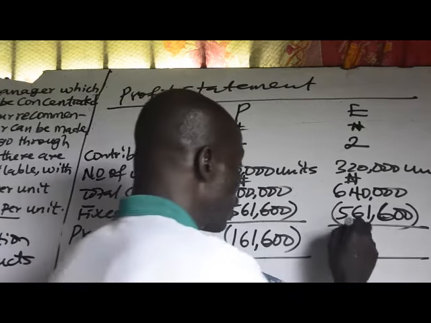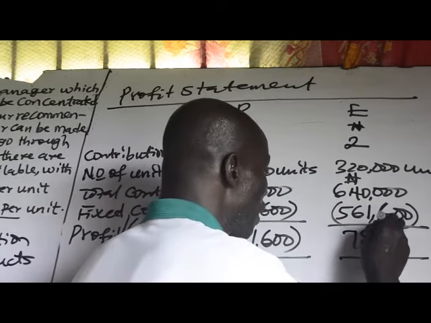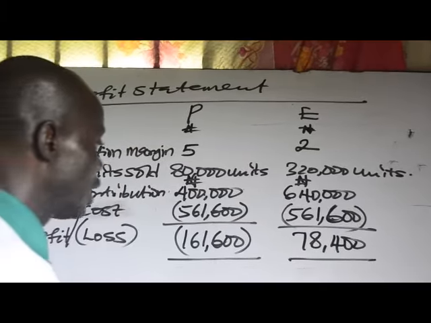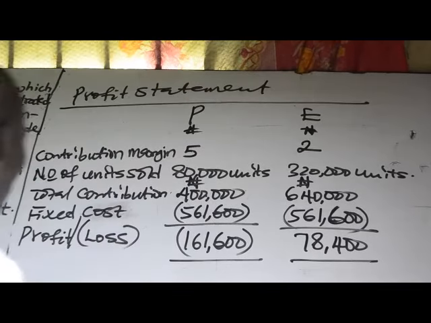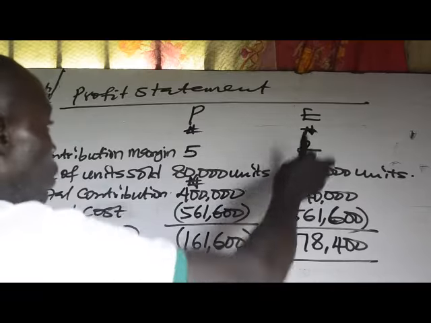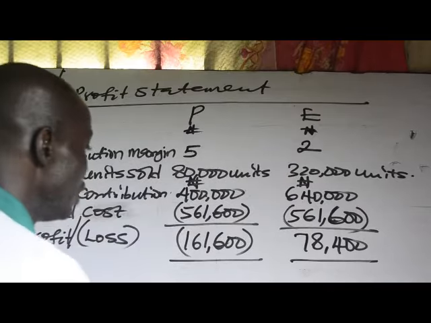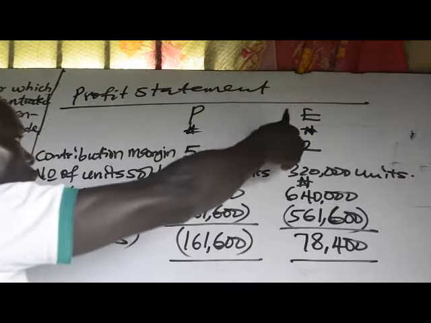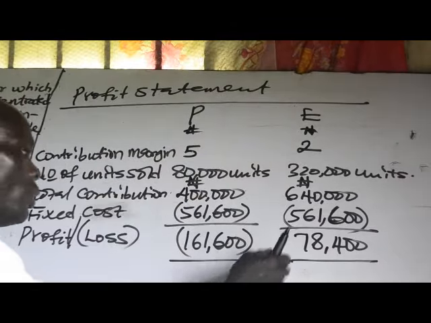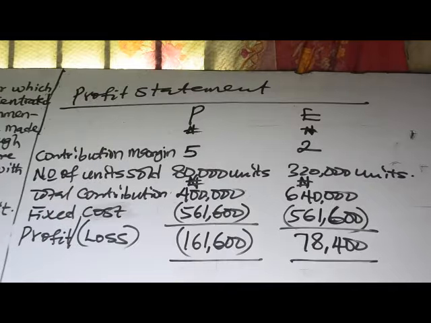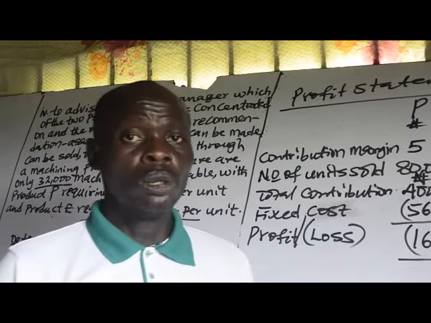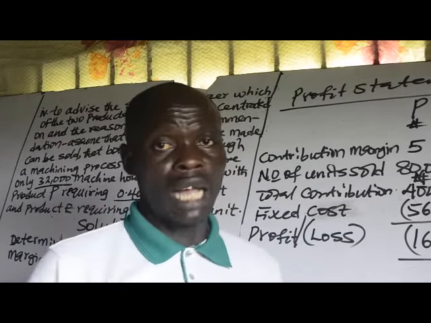That gives us a profit of 78,400. Therefore, product E is more profitable. So the entity should focus on production of product E only. So that is the end of the solution to this work example.